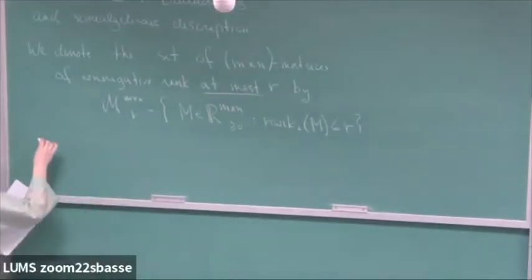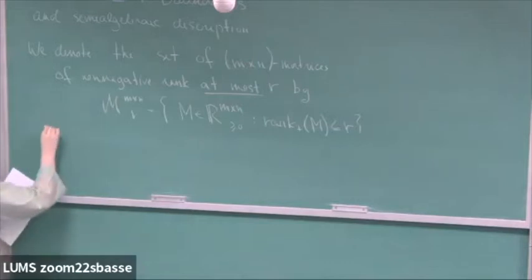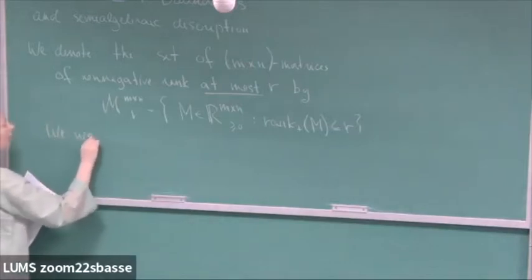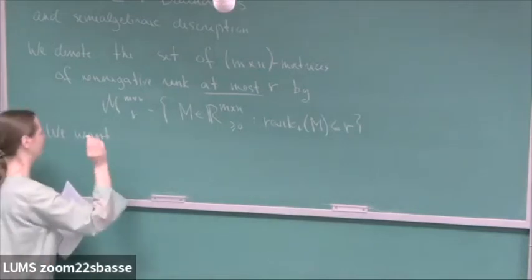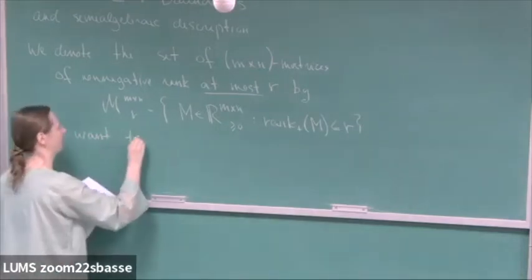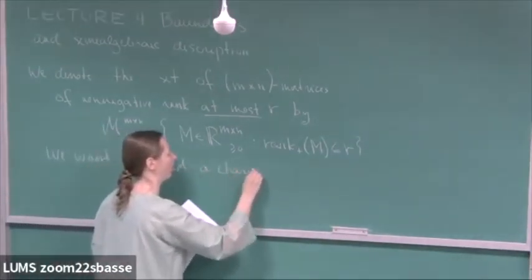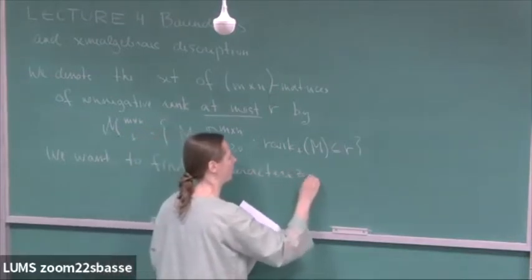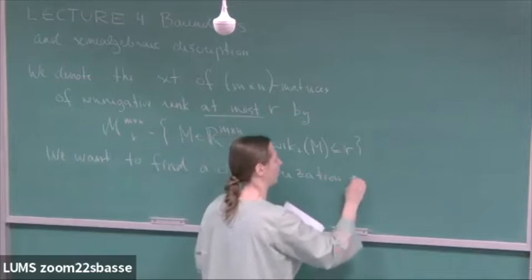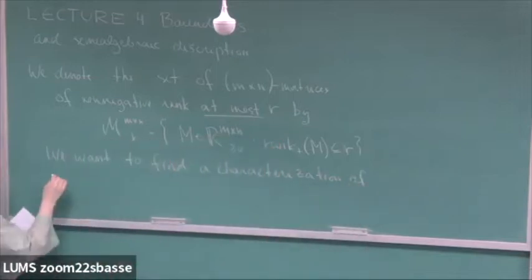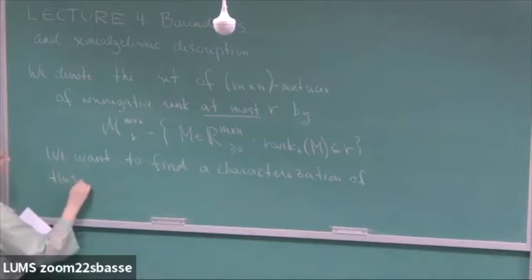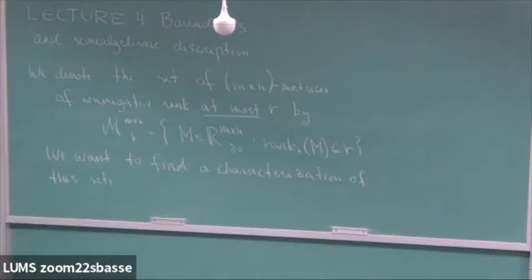Okay, and the goal is we want to find a characterization of this set. Then I will explain what I mean by this. So that if you're given an m times n matrix, this characterization allows us to easily check if it has non-negative rank at most r.